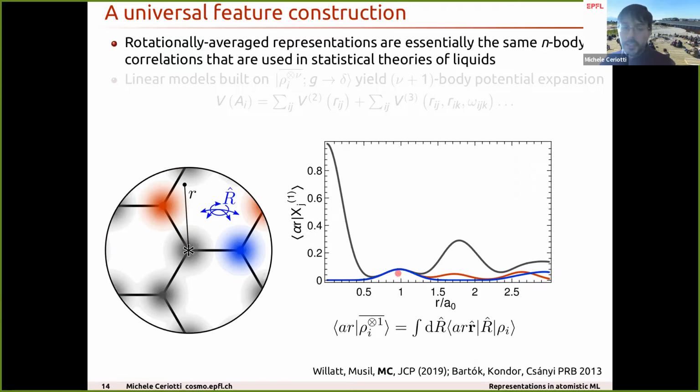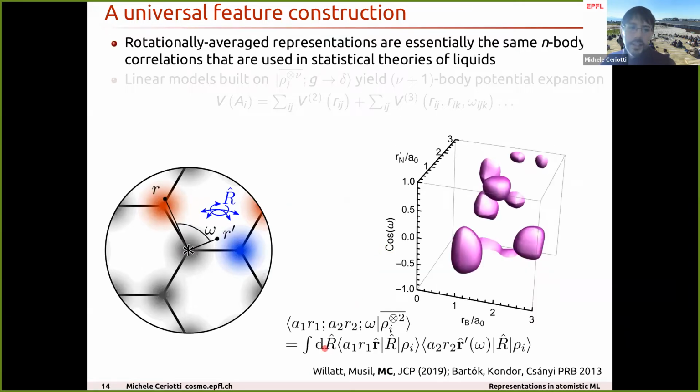What I will obtain is some kind of smooth histogram of the distances around the central atom, which is, of course, invariant to rotations, but clearly is not containing all the information about the relative position of the different atoms in this environment. So what you can do is then build a tensor product of 2 of these densities, integrate over rotations, and this will give you something which depends on correlations between the positions of pairs of atoms.